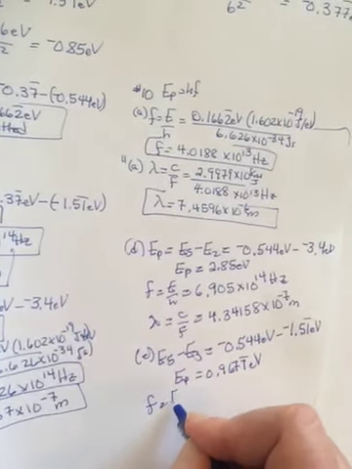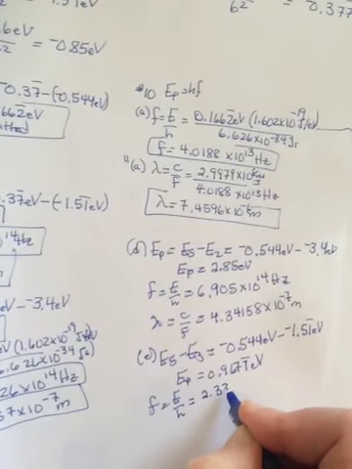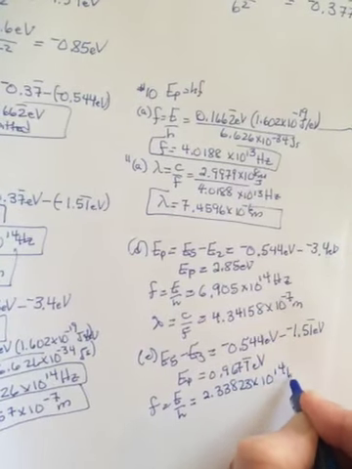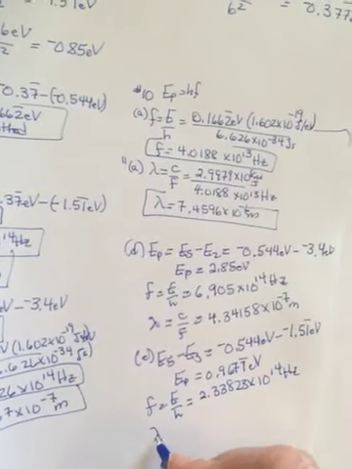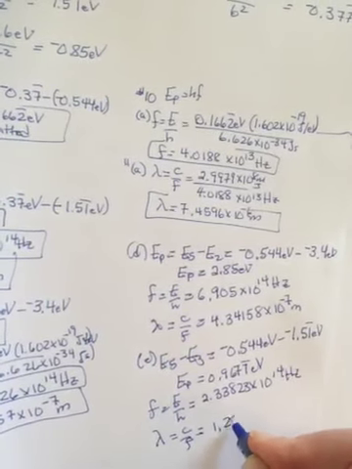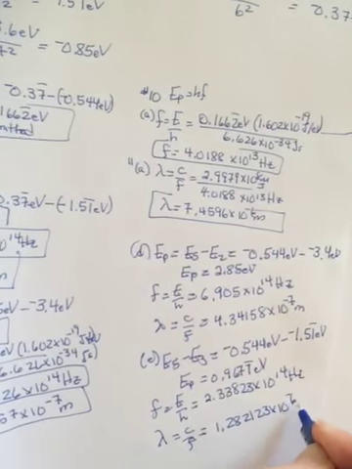So then you find F by doing E divided by H, and you get 2.33823 times 10 to the 14th, and then you use that to find lambda, C divided by F, and you get 1.282123 to the negative 6 meters.